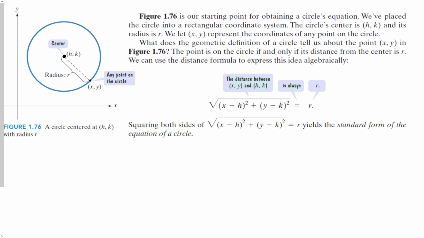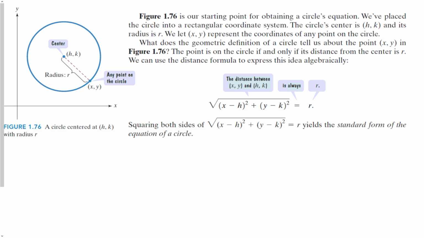And xy represents any point on that whole circle. And by definition, the distance between the two of them is the radius. Okay? So with this little dashed line being the radius, I have a formula that calculates distance. So the geometric definition of a circle tells us that xy has to be r away from hk.